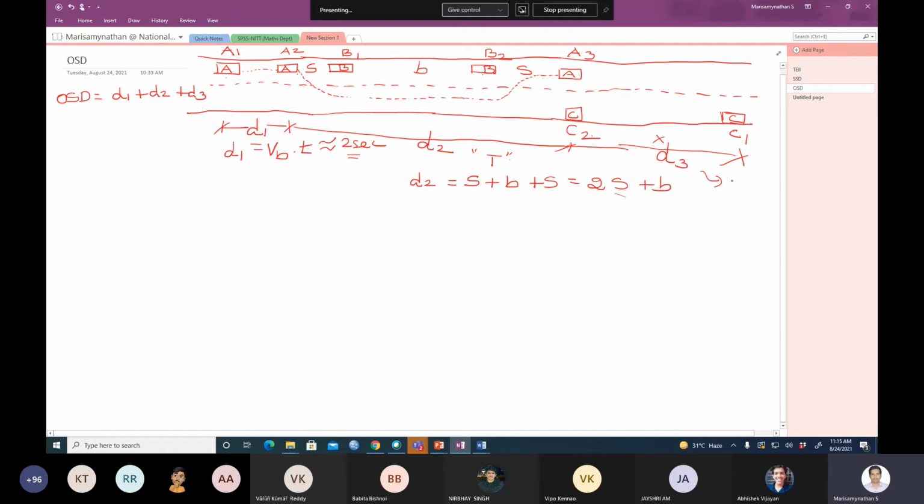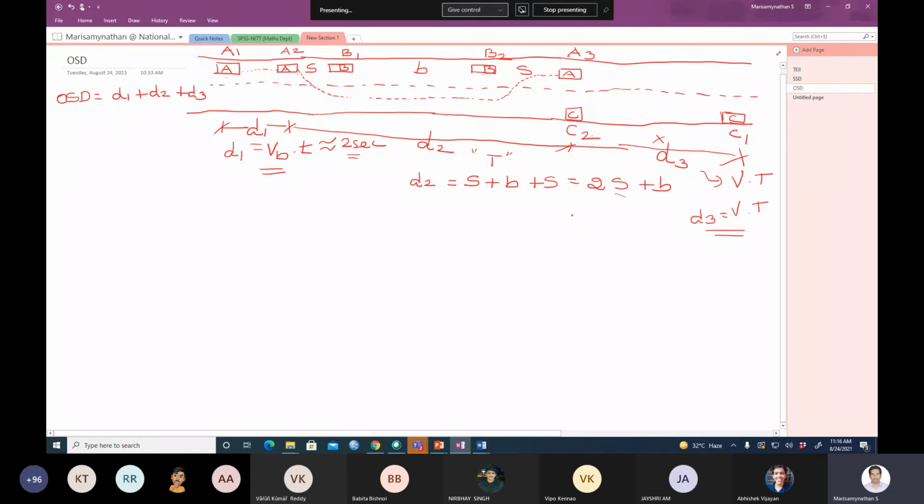So D3 is nothing but V into T: the design speed of the vehicle into the time taken from A2 to A3. So that is considered as D3. When you add all the values, you get the total overtaking sight distance.